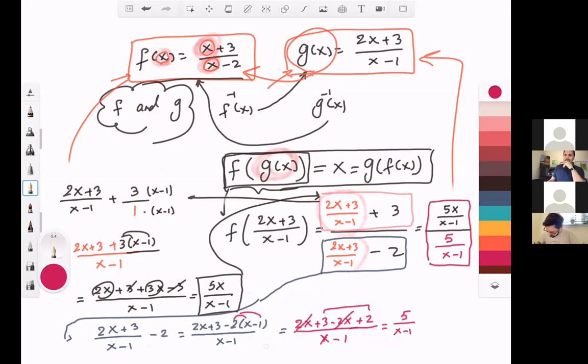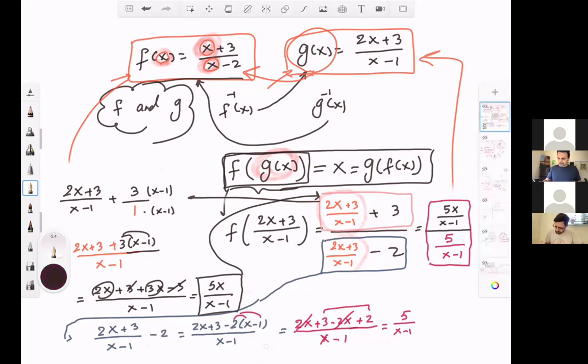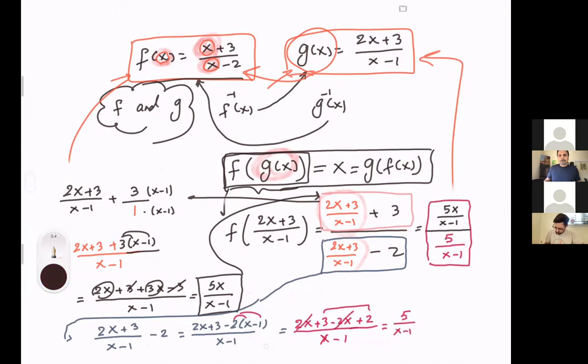Now let's simplify that. How do we simplify two fractions? Jake, do you have any idea? Mario, your camera is going to the ceiling.